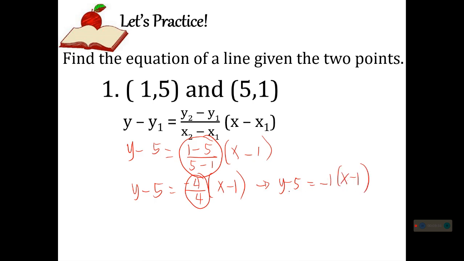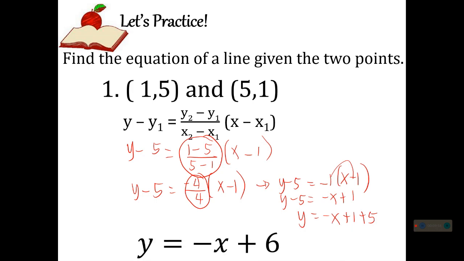Then, distributive property. So, y minus 5 equals negative x, then positive 1. And then, using the addition property of equality, you will obtain y equals negative x plus 1 plus 5. So, here it is. Our equation now is y equals negative x plus 6. Okay.